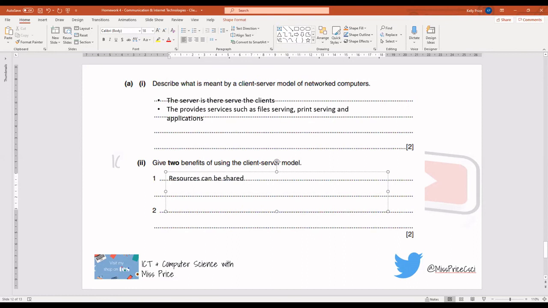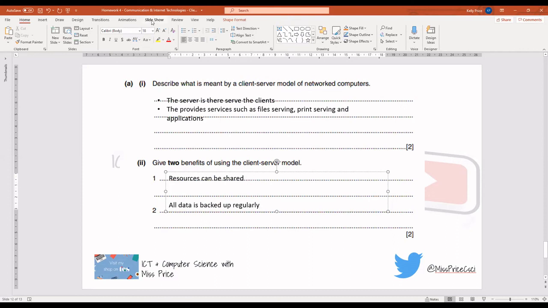As we discussed, I would keep this as simple as possible. There are other things you can discuss: resources and files are shared or centralized, and, as I discussed earlier, all data is backed up regularly. I think that was very straightforward and a very easy four marks.